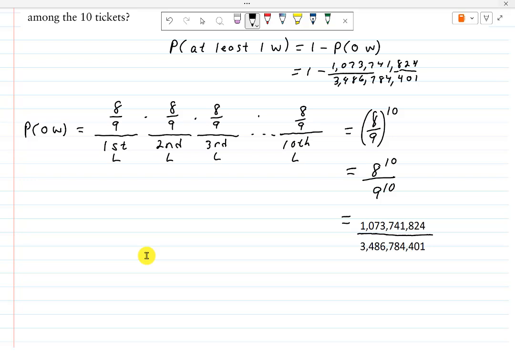I'll finish it off by rewriting the 1 as 3,486,784,401 divided by that exact same number, and subtracting from it the 1,073,741,824.